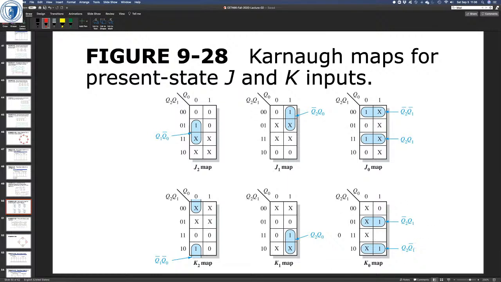Yeah, so this logic here for J0 and K0, you could do that using an AND gate and an OR gate, but it turns out that Q2 bar Q1 or Q2 Q1 bar is actually simpler to write as Q1 exclusive OR Q2.